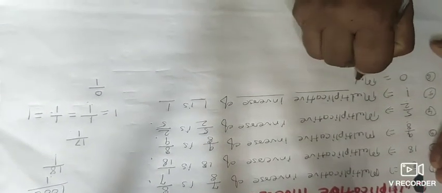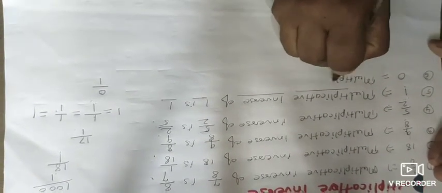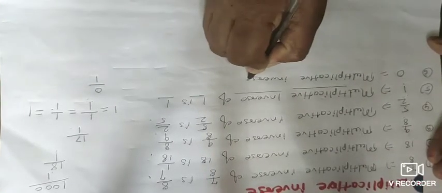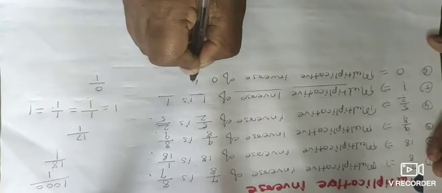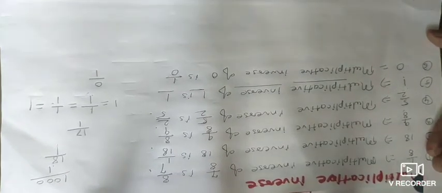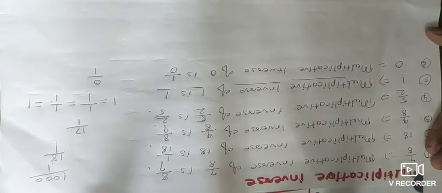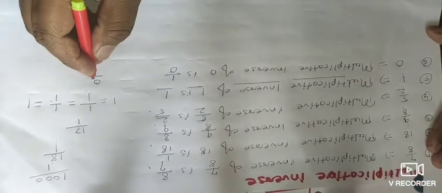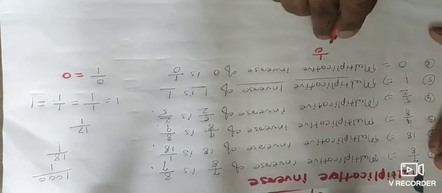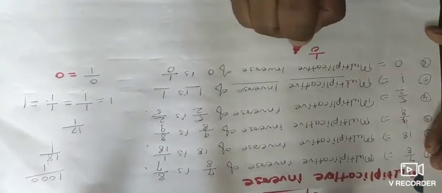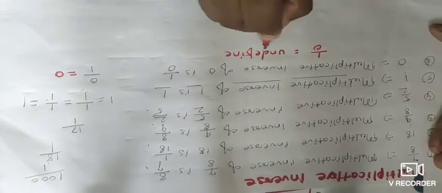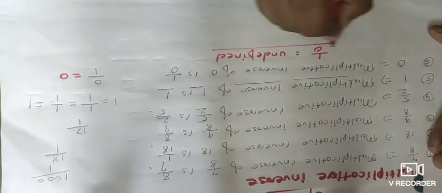So here write: the multiplicative inverse of 0 is 1 upon 0. But 0 upon 1 means 0 only, while 1 upon 0 is undefined. We cannot find the value of 1 upon 0.